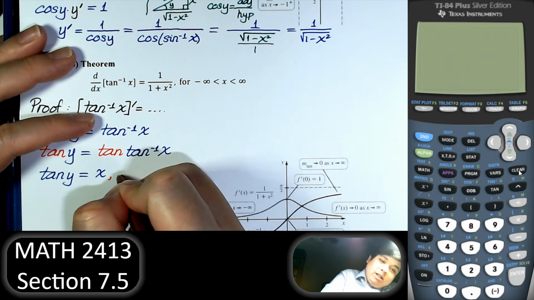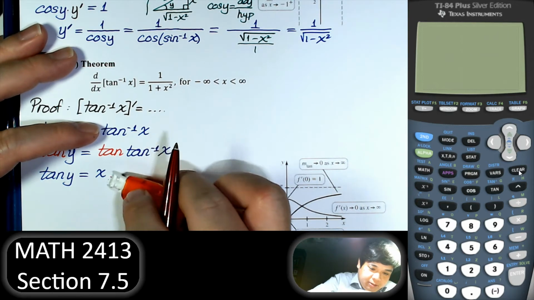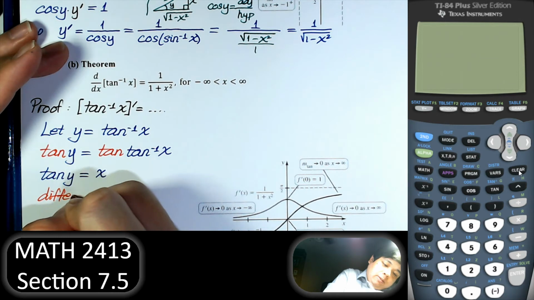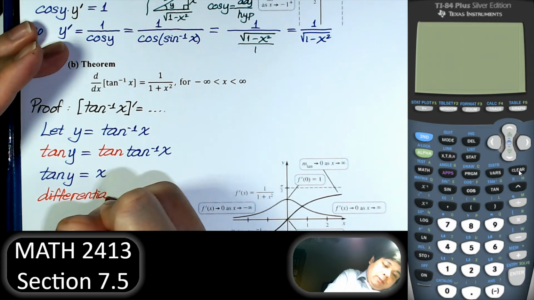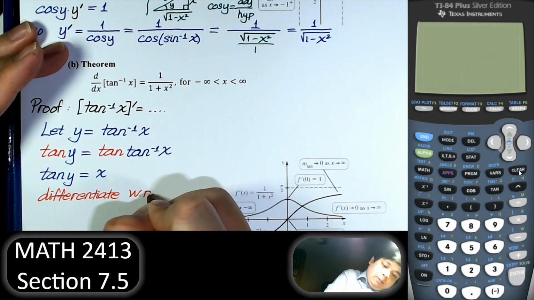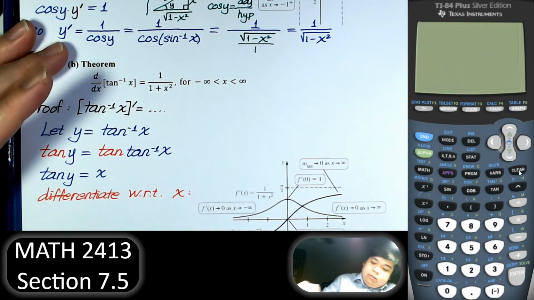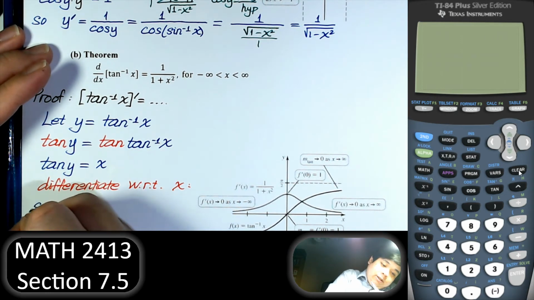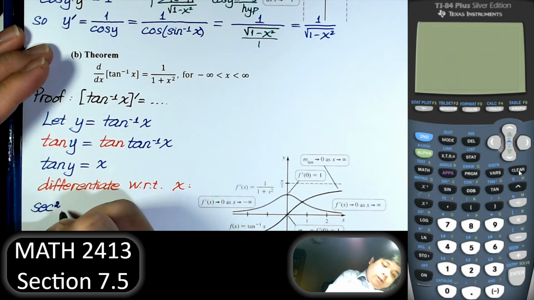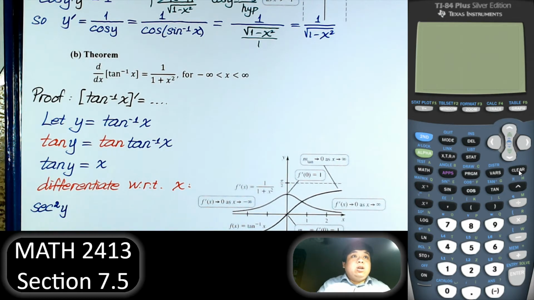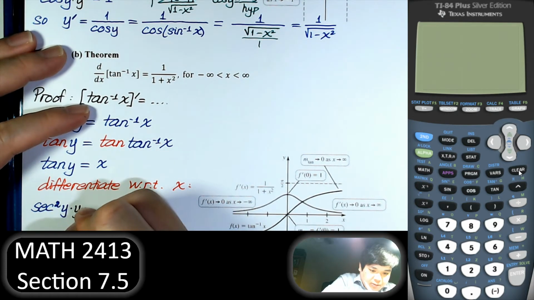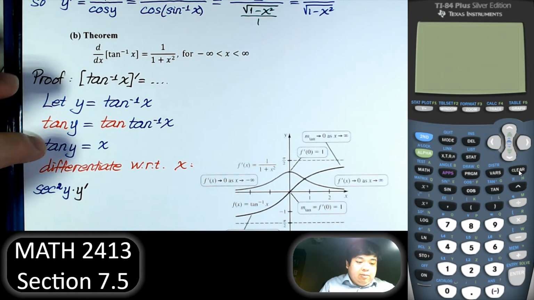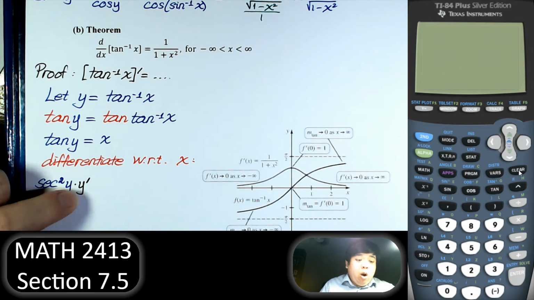We differentiate this with respect to x. Right, derivative of tangent is secant squared. But since y is a function of x, that's why we have secant squared of y and then y prime.